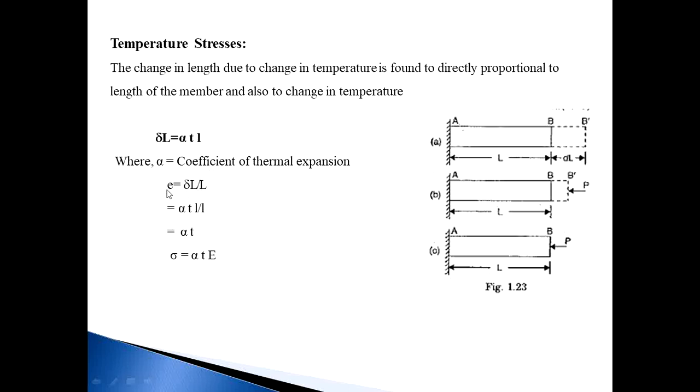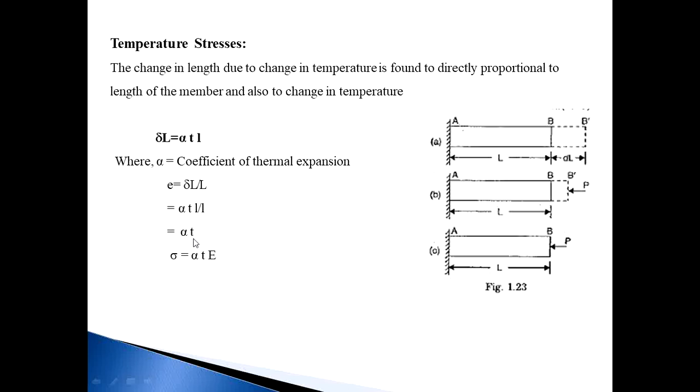We know that strain e is equal to change in length upon original length, delta L by L. Putting delta L as alpha T L divided by L, the L cancels, so we get strain equal to alpha T.